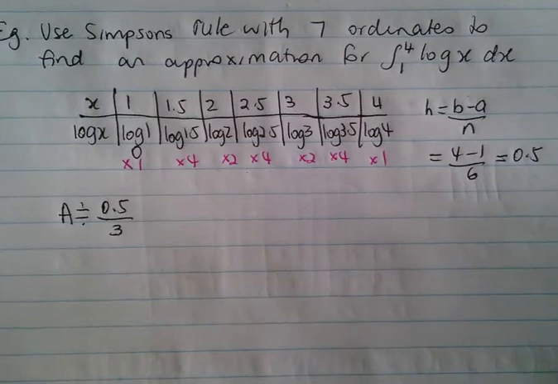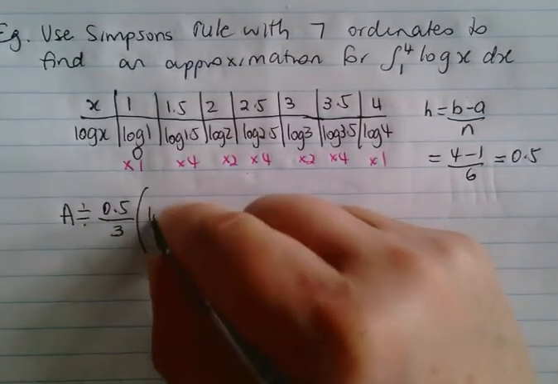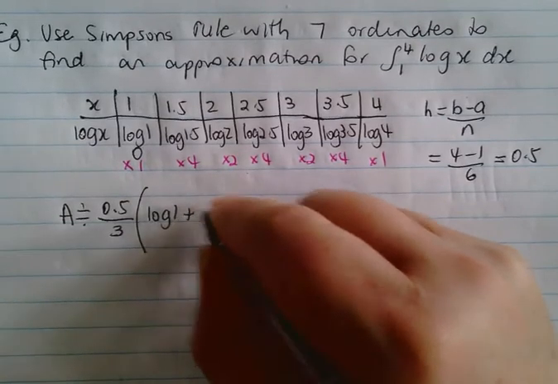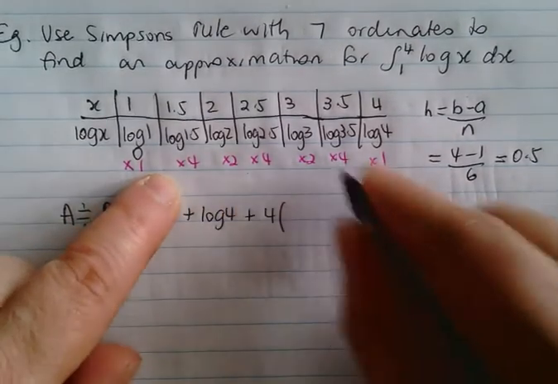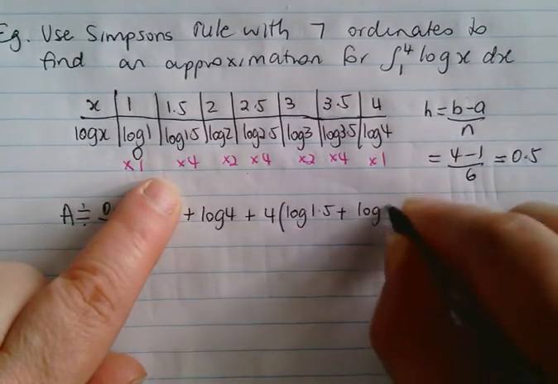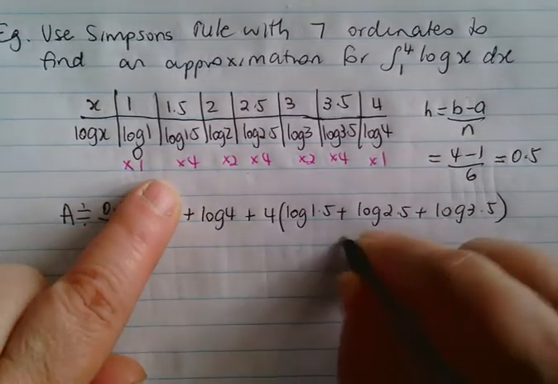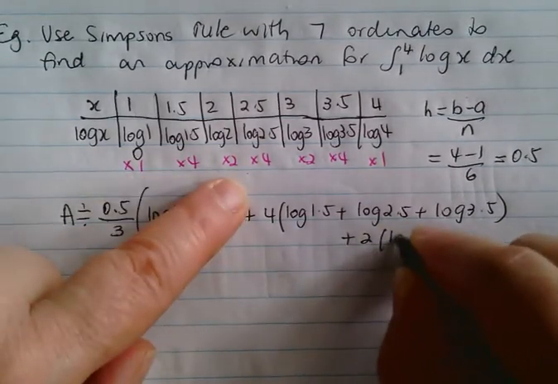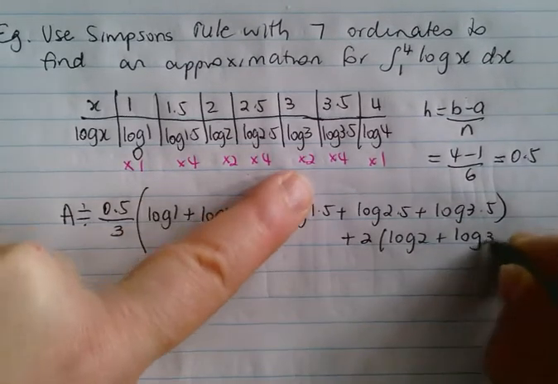0.5 on 3 is 1/6. And then you add the individuals: log of 1, which is 0, plus log of 4, plus 4 times those 3, log of 1.5 plus log of 2.5 plus log of 3.5, plus 2 times log of 2 plus log of 3.